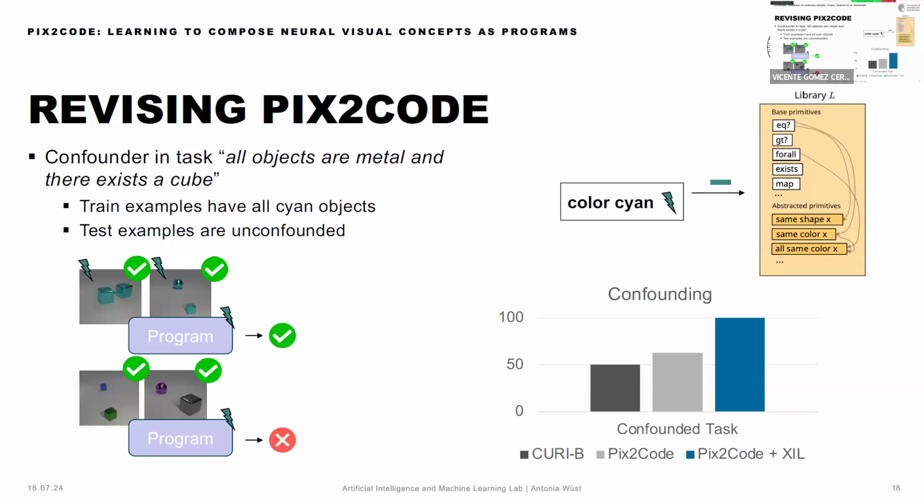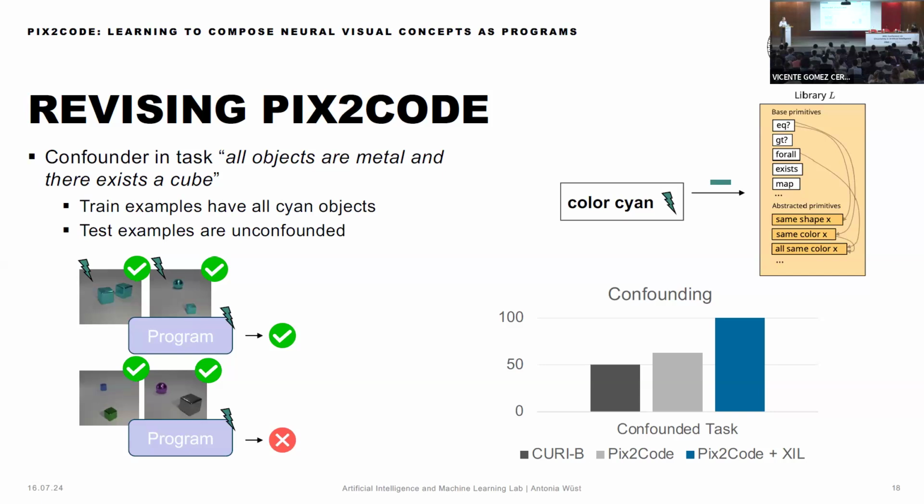So the program is then just focusing on this color and of course is able to predict the right label for the training images. But if you then evaluate the program on other examples of the concept, like here where we don't have the color cyan, but which are still valid examples of the concept, then the program will classify them incorrectly.